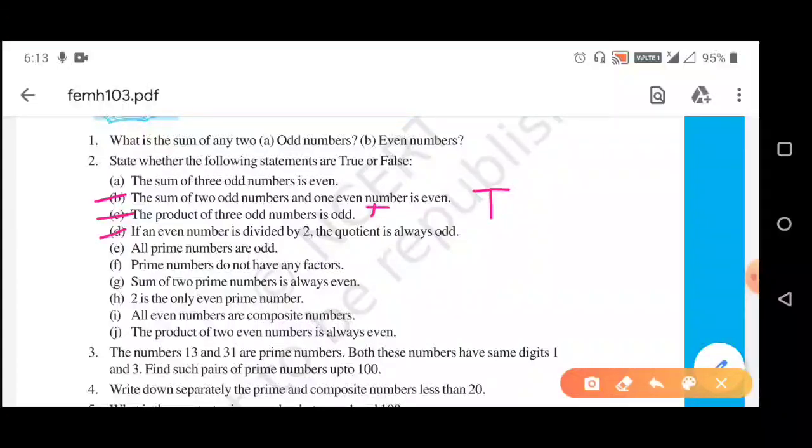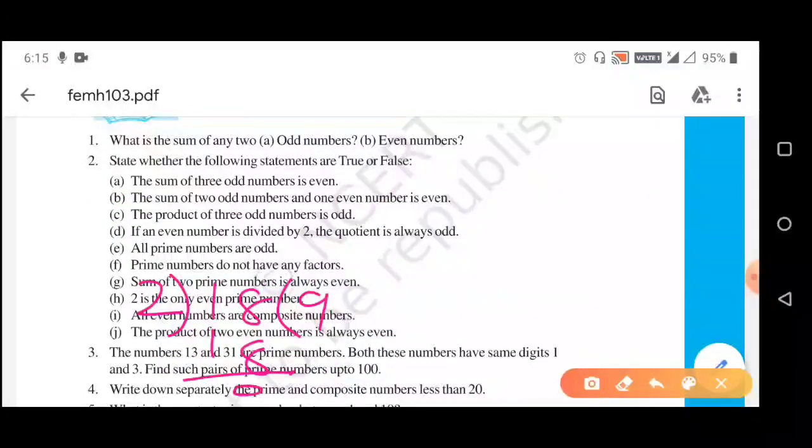Question number D, if an even number is divided by 2, the quotient is always odd. Suppose I am taking an even number 18 and I am dividing it by 2. 2 nines are 18. So here we are getting the quotient odd.